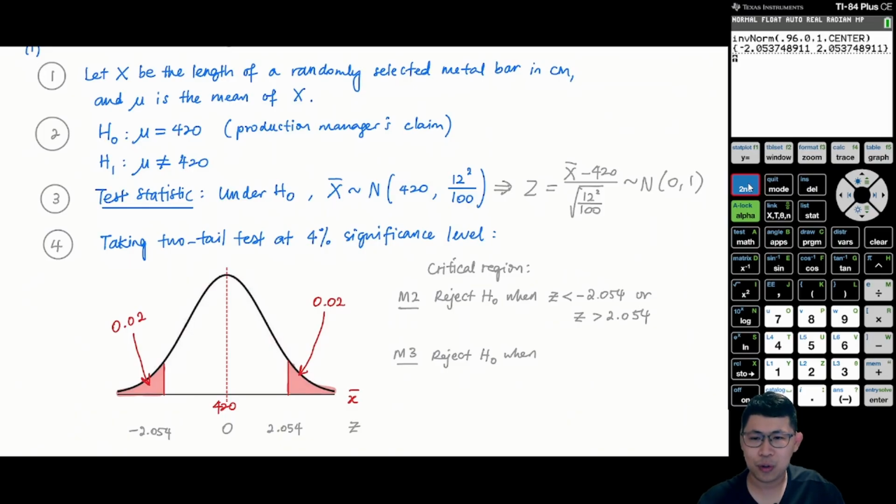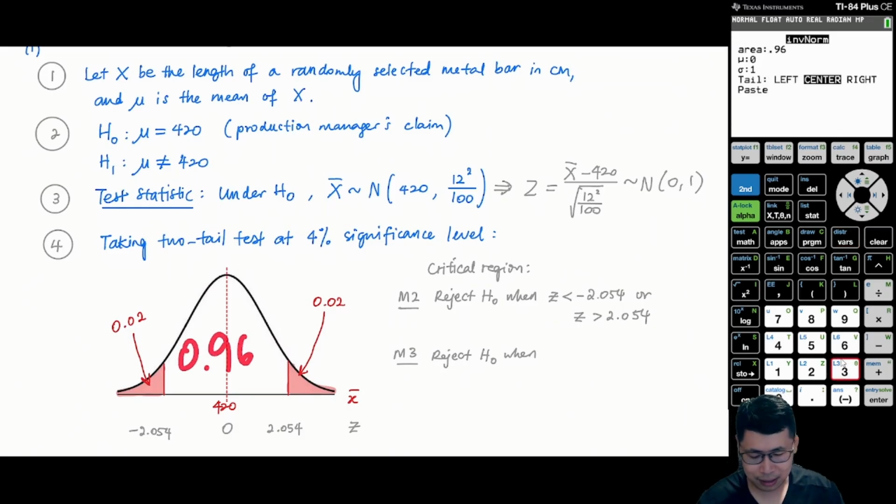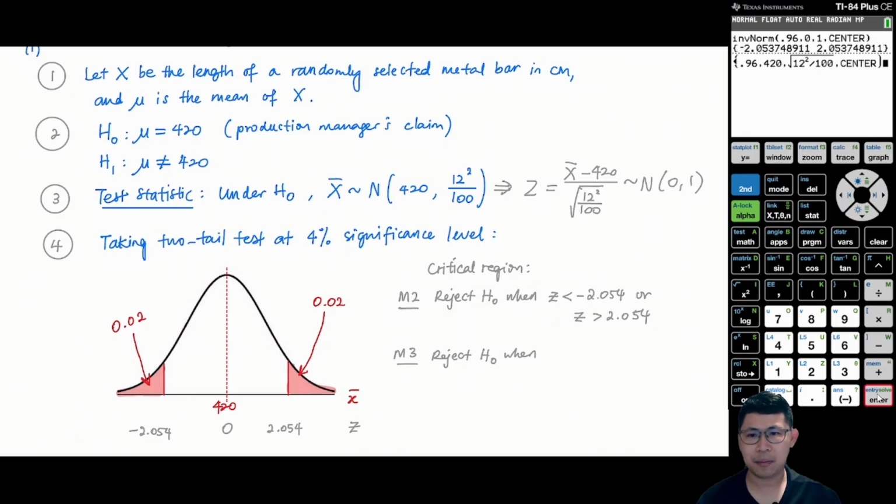So if I look at inverse normal, same, I'm going to do the 96% over here, but I will base this off the distribution over here. So the population mean 420, and the standard deviation I will follow this one over here. Standard deviation would be the square root of 12 squared divided by 100, like that. Okay, center. Then I'll paste.